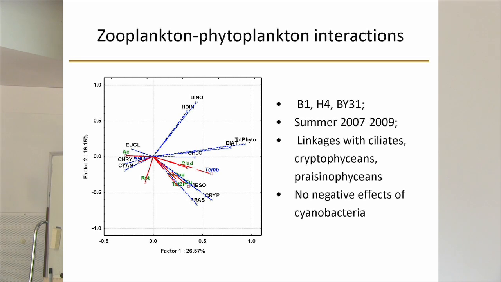Cladocerans are mostly related to temperature. They basically eat whatever is in the small size categories of phytoplankton. Acartia are more related to chrysophyceans and euglenophytes, which are very large phytoplankton cells.